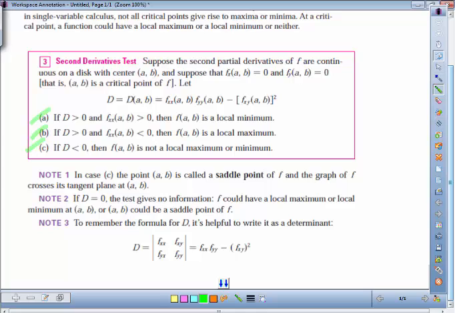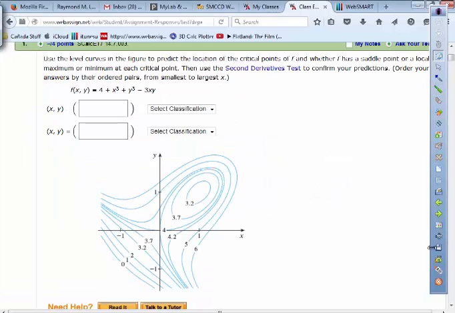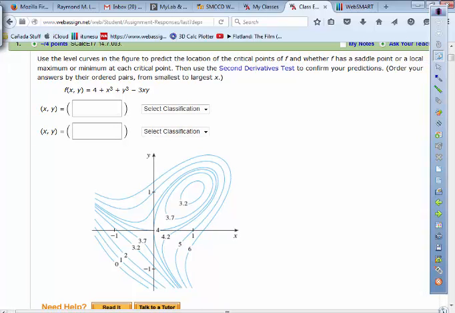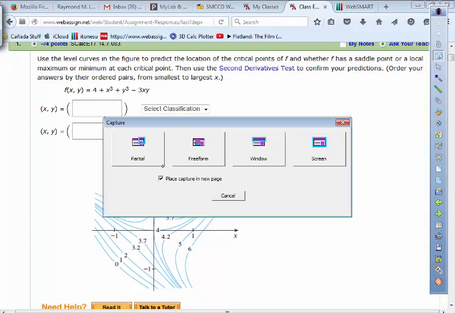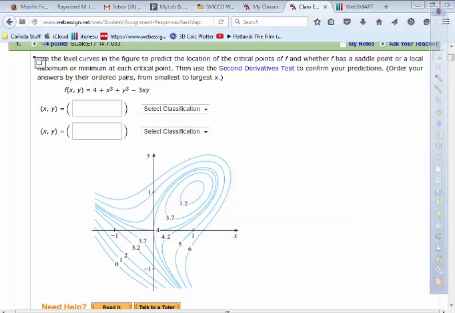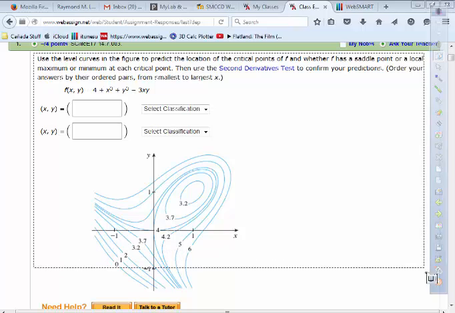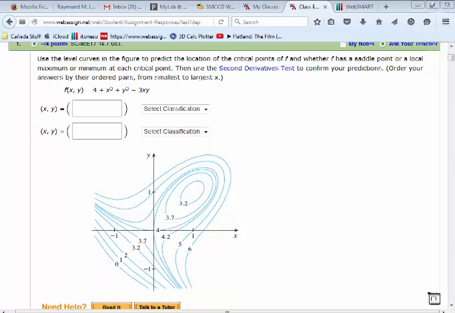There's an interesting problem in the book. I don't know if it's in your homework. In this particular problem, you're kind of forced to look at not just the function, but the graph also.